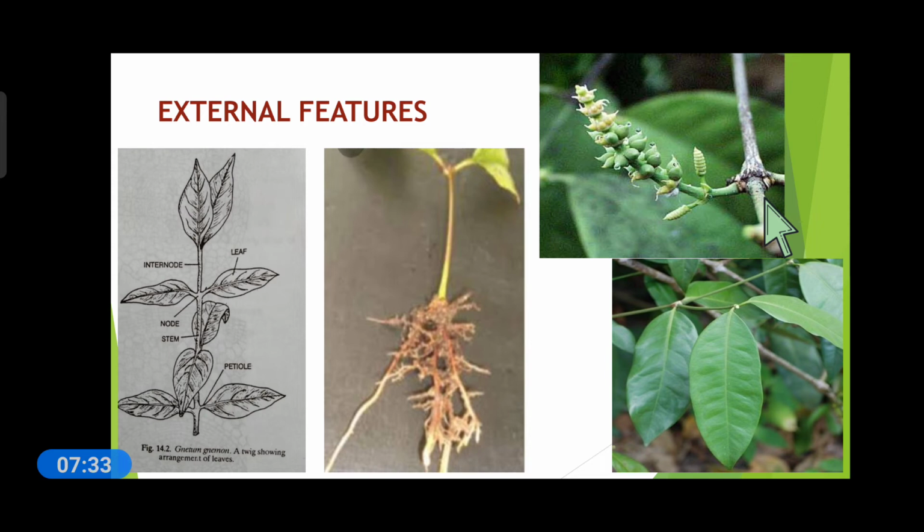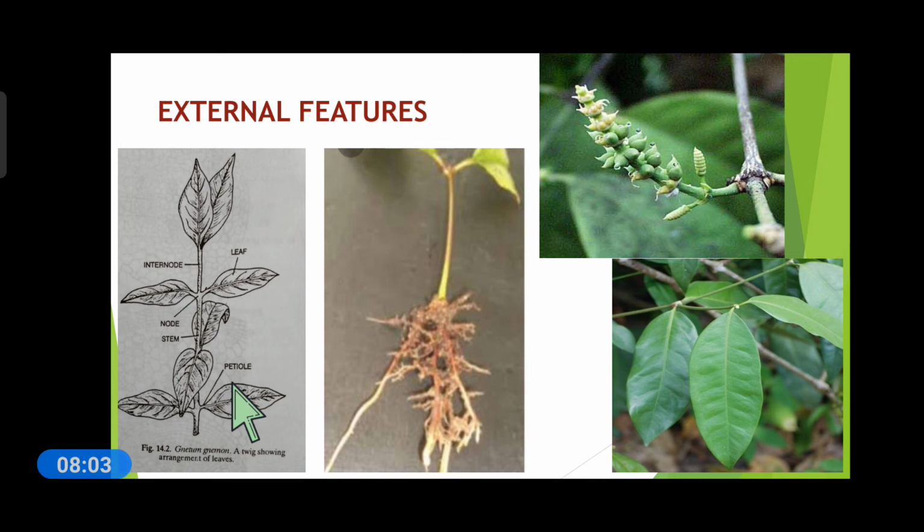However, in one species, that is Gnetum scandens, the foliage leaves occur on both types of branches. So that is the difference. You must remember that in Gnetum species, as I mentioned, the foliage leaves usually arise on the short shoots, that is the branches of limited growth.